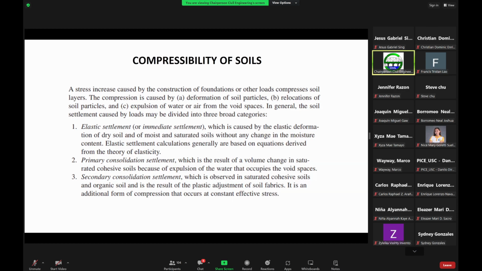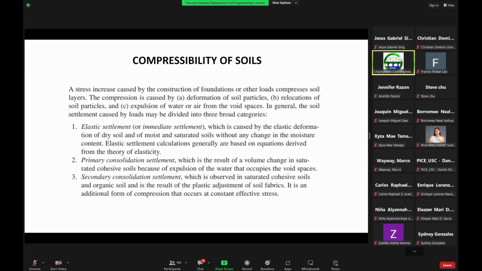Now, the secondary consolidation settlement is observed in saturated cohesive soils as well as organic soils, and basically it's the result of the plastic adjustment of soil fabrics. So there is some movement in the soil fabrics. Take note here, it mentioned cohesive soils.